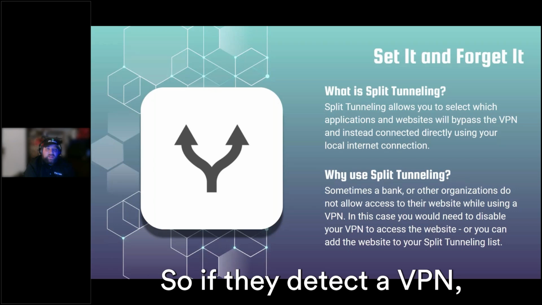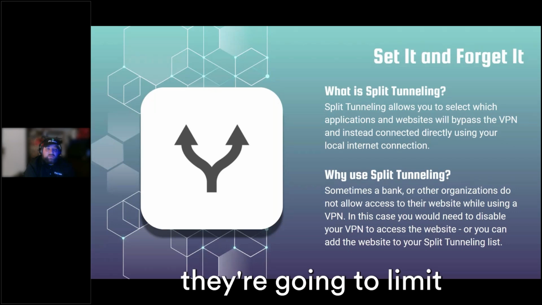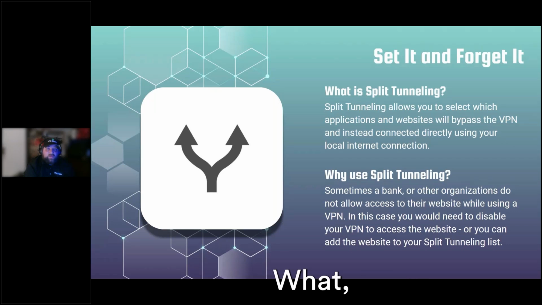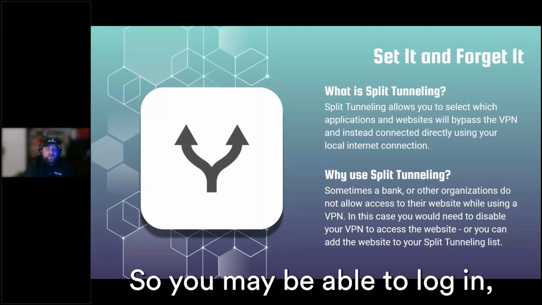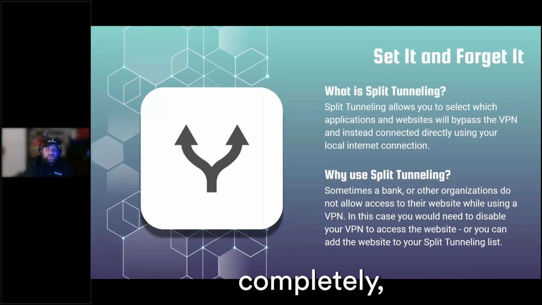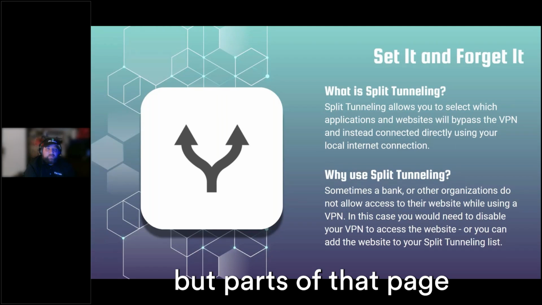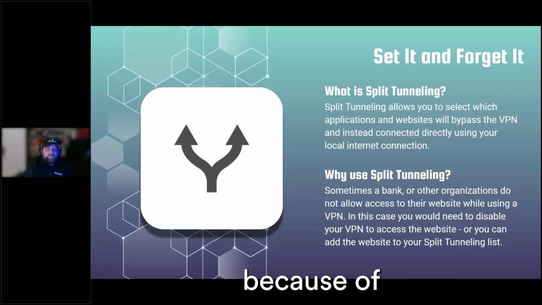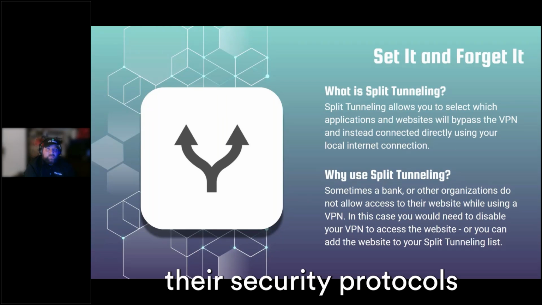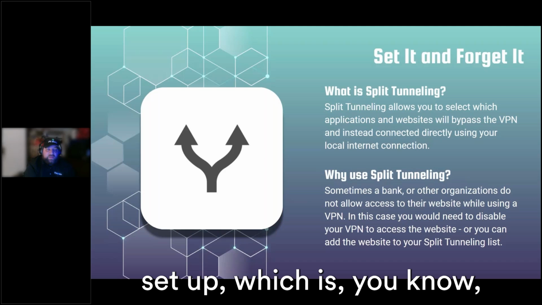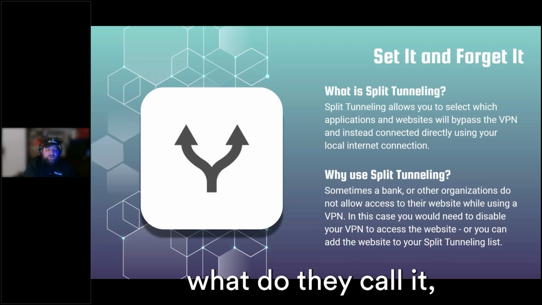So if they detect a VPN, they're going to limit what is available for you to see. You may be able to log in. You may not get rejected completely, but parts of that page will be disabled because of their security protocol setup, which is a necessary evil.